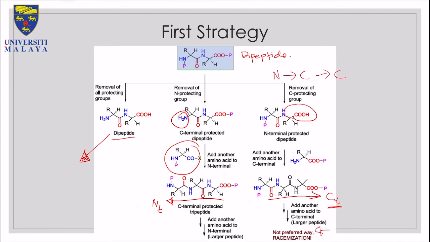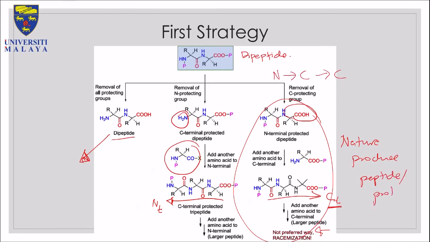Okay, it doesn't mean that it is not working. It does work, but it will introduce racemization. But the interesting thing about this is that this is how nature produces peptides and proteins. Why? Of course, because nature utilizes enzymes which are highly specific to either one molecule or one function, and so on and so forth.